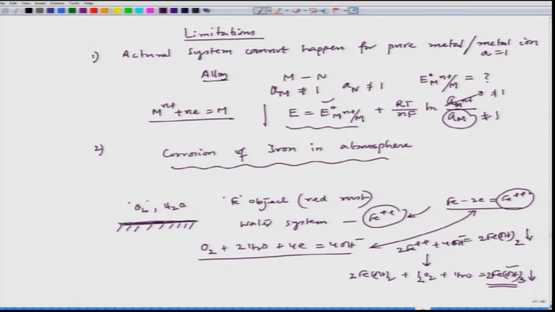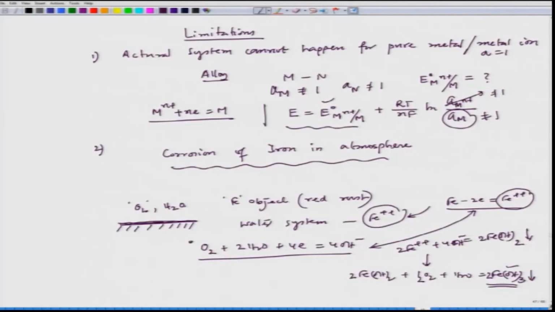So, the iron ion activity may not reach, or will not reach, 1. So, we cannot have the development of standard reduction potential. There we have to see, as we have earlier discussed, the potential difference between this and this.